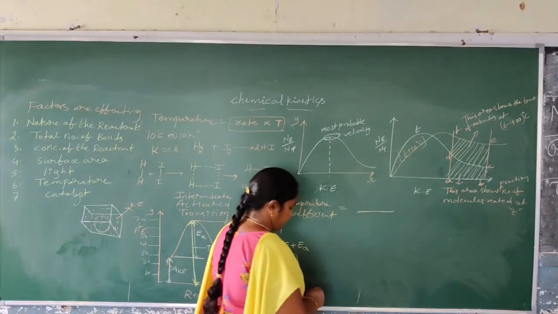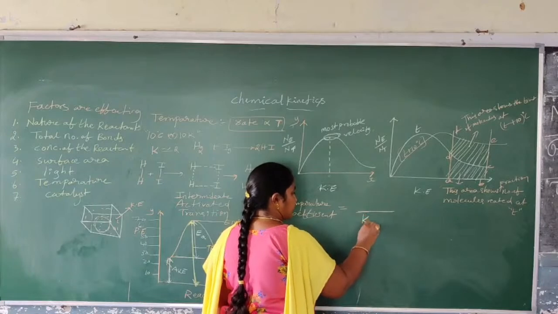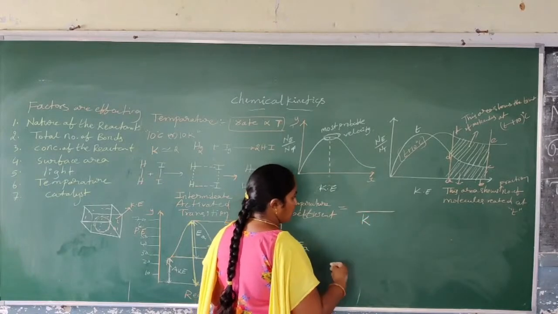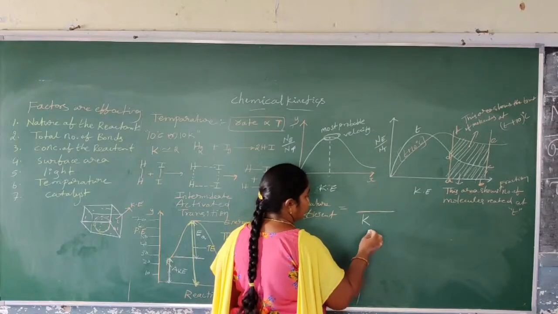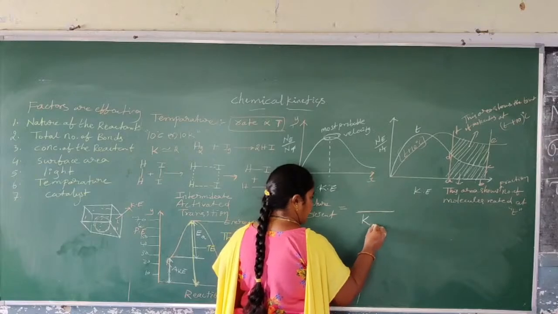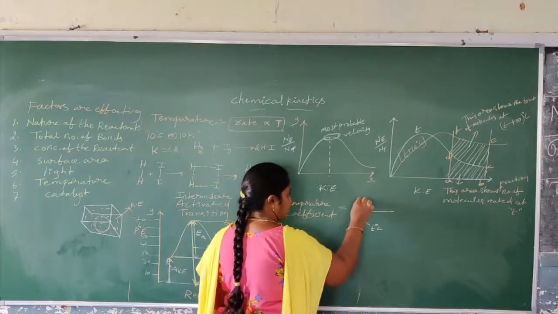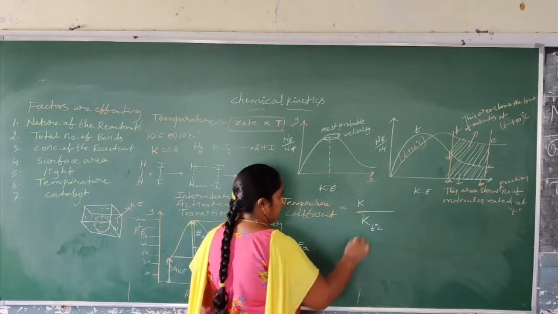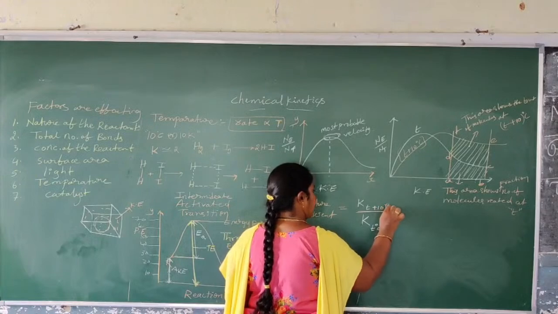The ratio between specific rate constants at different temperatures. That is, K at T temperature and the specific rate constant at T plus 10 degrees centigrade.